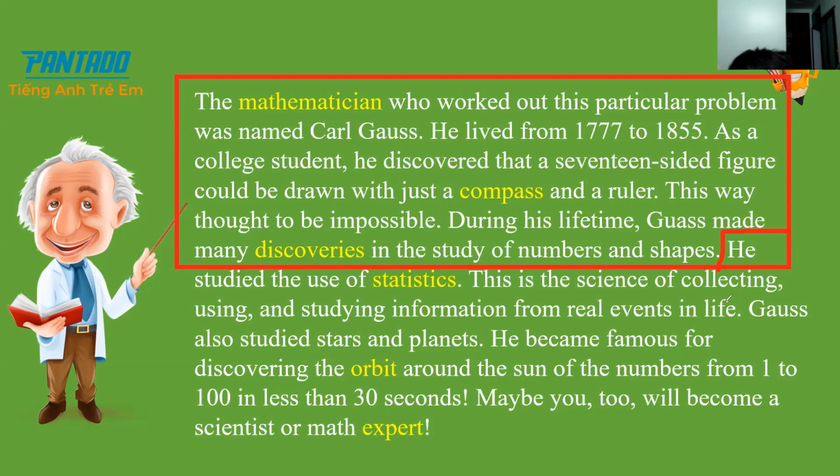Gauss also studied stars and planets. He became famous for discovering the orbit around the sun of the numbers from 1 to 100 in less than 30 seconds. Maybe you too will become a scientist or math expert. Will you become a scientist or math expert?